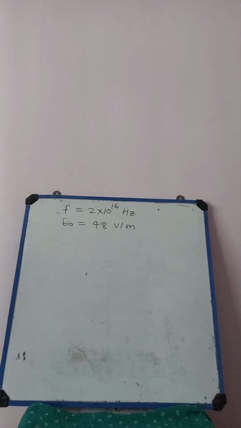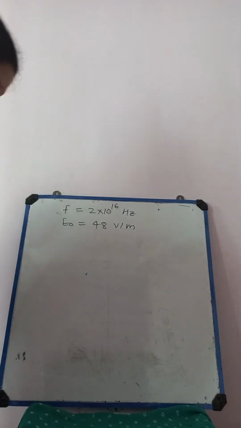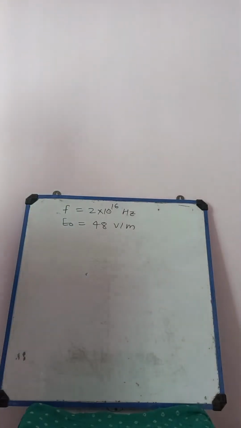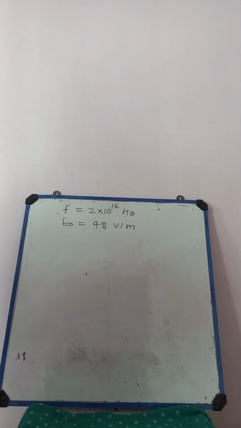So here it is very clearly given that there is an electromagnetic wave whose electric field varies sinusoidally, whose frequency is given, f is equal to 2 into 10 raised to 16, and E naught, the electric field amplitude, is 48 volt per meter. They are asking first the wavelength, correct?